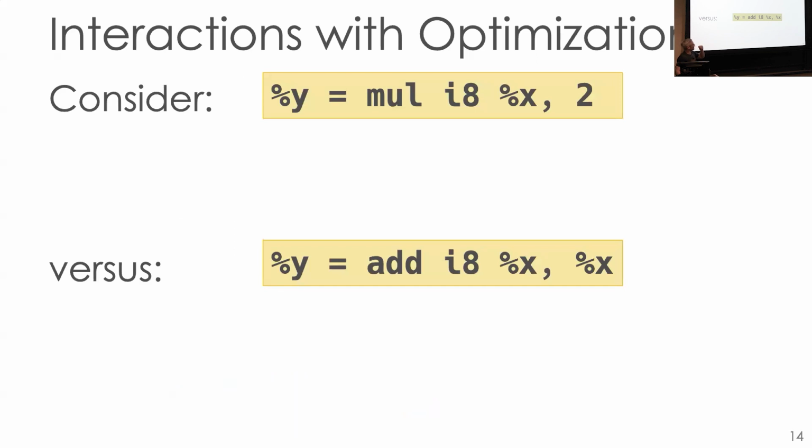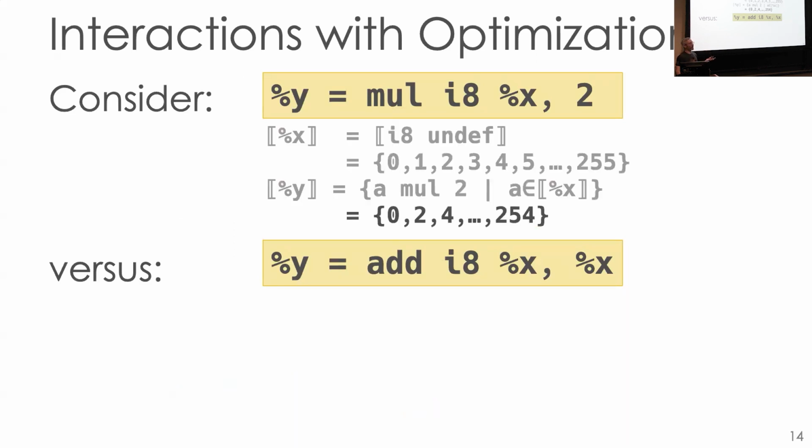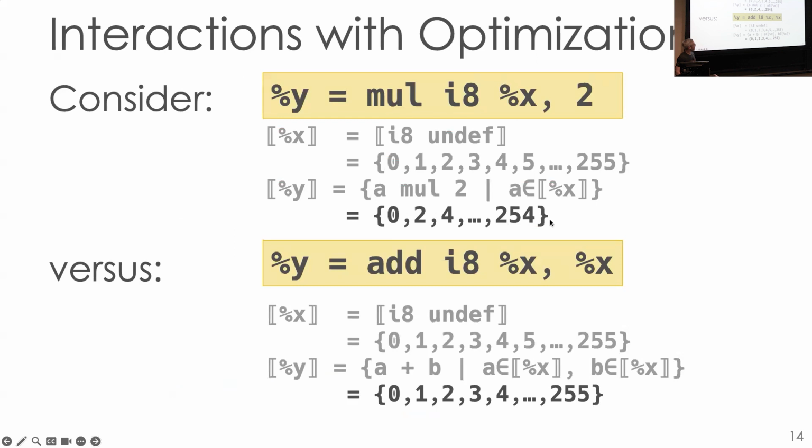A standard optimization is strength reduction, where you replace, say, multiplies by adds or shifts or something like that. But those are now only sound if you reason about undef. So this multiplication up there, if X happens to be undef, will give you even numbers.